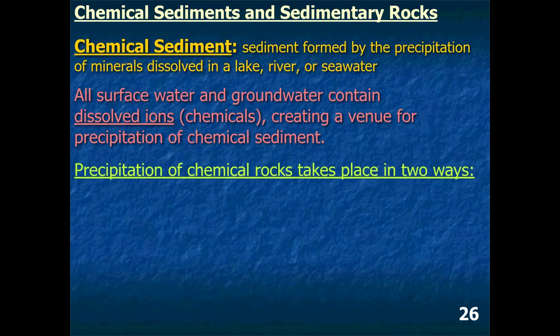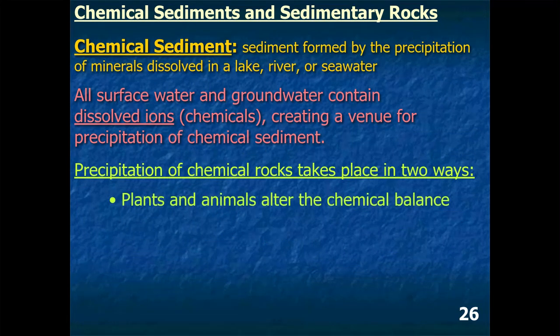So precipitation of chemical rocks will take place in two common ways. The first way is through plants and animals. If you think about oceans and lakes and swampy, quiet environments, you have a lot of critters and animals and plants that live inside those waters.